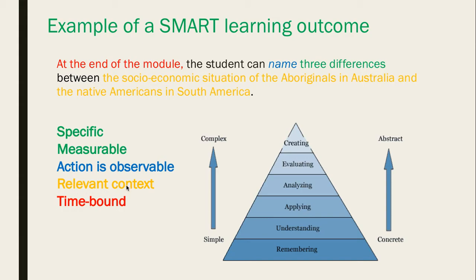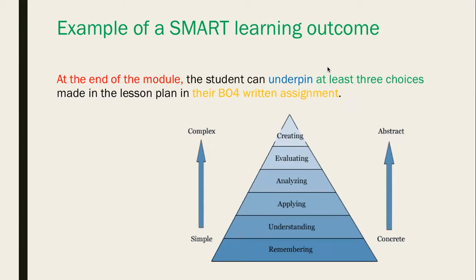It's relevant in terms of the context. Perhaps this is history class. So the socioeconomic situation, comparing these 2 populations. Maybe this is geography class. And it's specific and measurable. We're saying 3 differences.